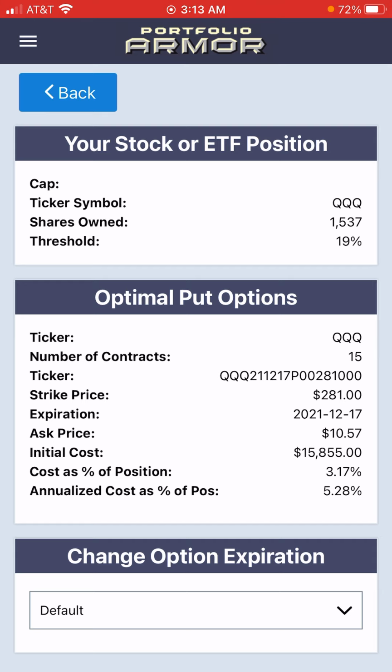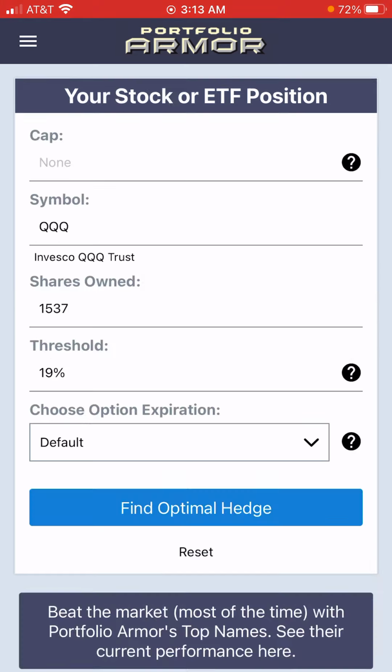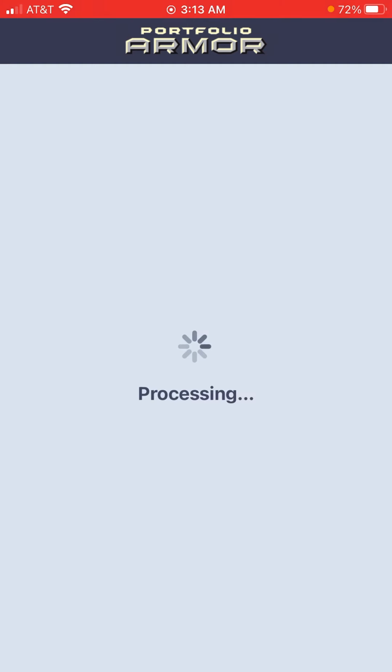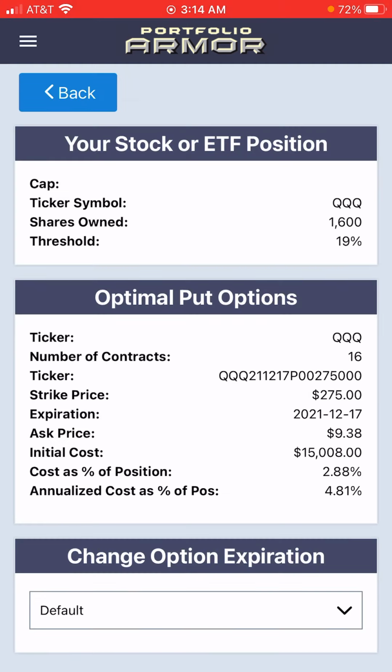That would be 1,600 shares in this case. A couple taps later, and we see the cost has come down slightly to $15,008 for the optimal puts. So that's one thing we can do to lower cost.